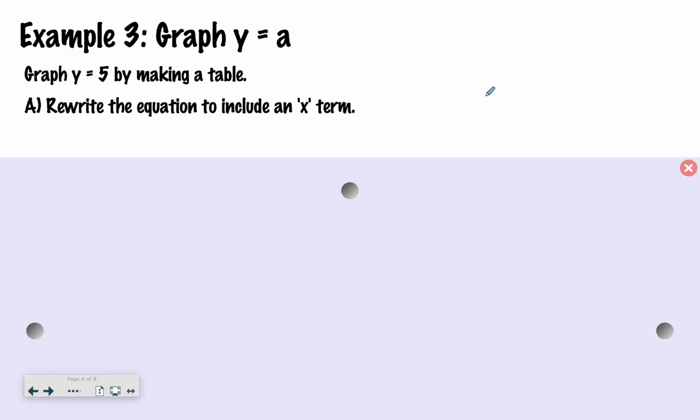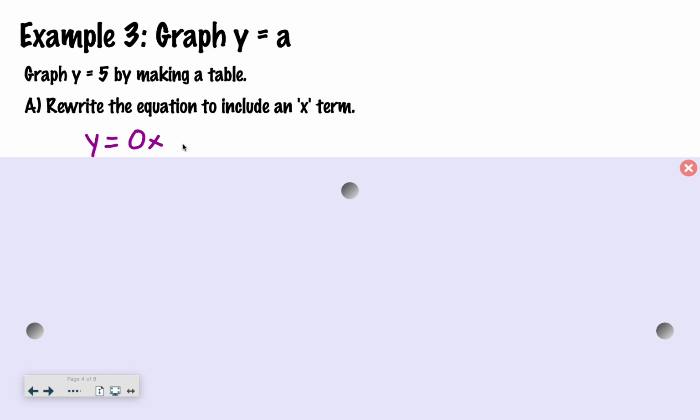Now let's practice graphing when you just have y equals a number. So we're used to having things with an x in it. So right now, if we just have graph y equals 5, that's the same as saying y equals 0x plus 5, since there aren't any x's.